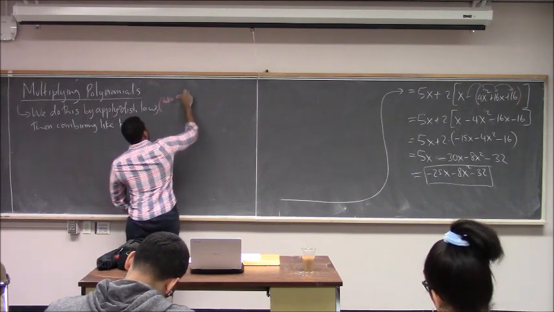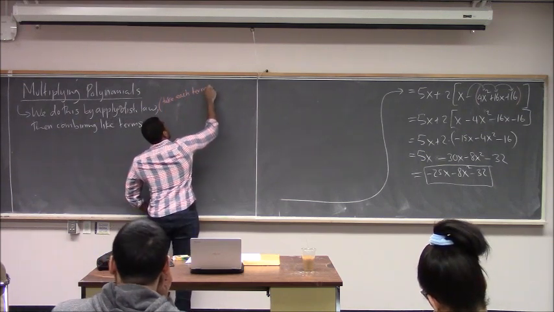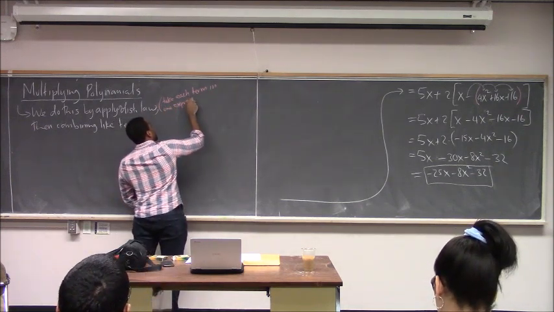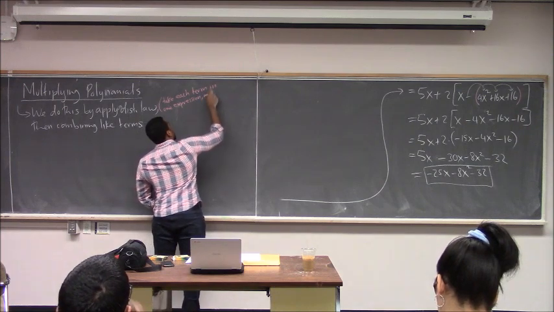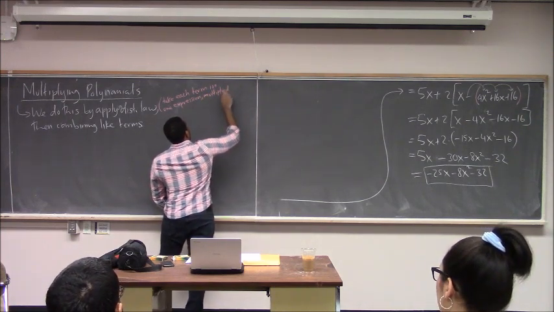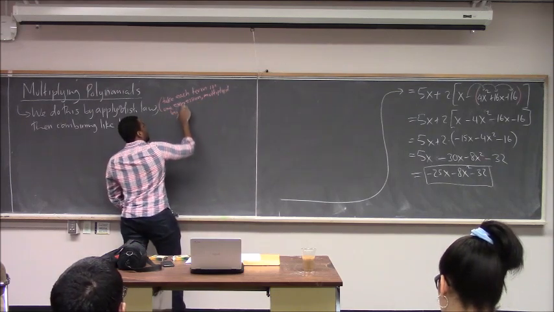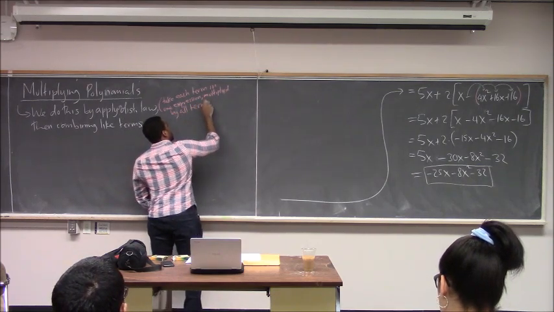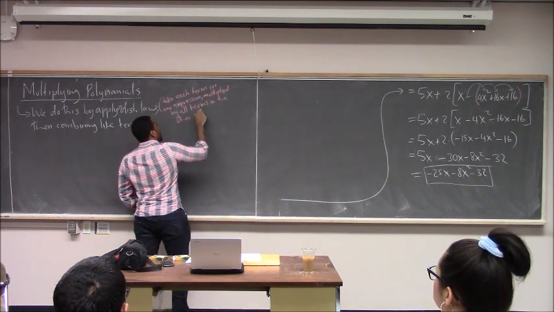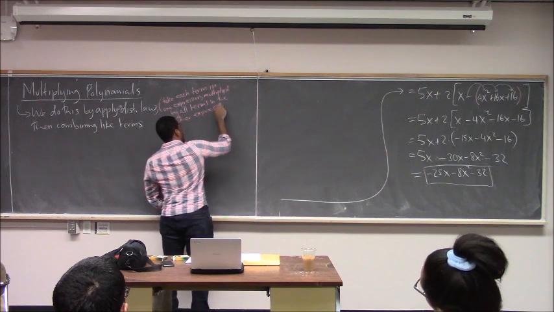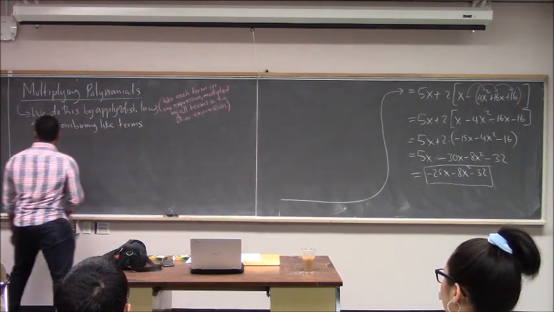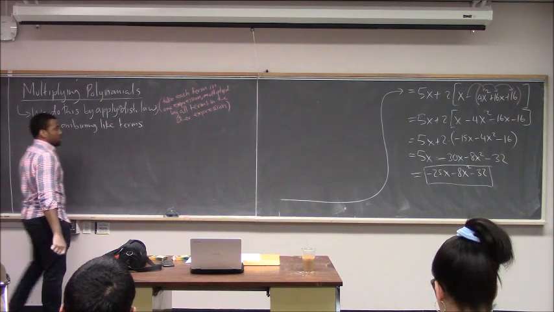Take each term in one expression, multiply by all terms in the other expression. So that's what I mean by apply the distributive law. So let's look at some examples here.